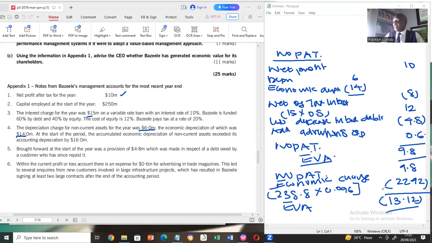So the company did not increase EVA. There was a decrease in EVA of 13.12. Therefore, the value of the shareholders was destroyed. And the management must work hard to increase the NOPAT in order to create value for the shareholders.